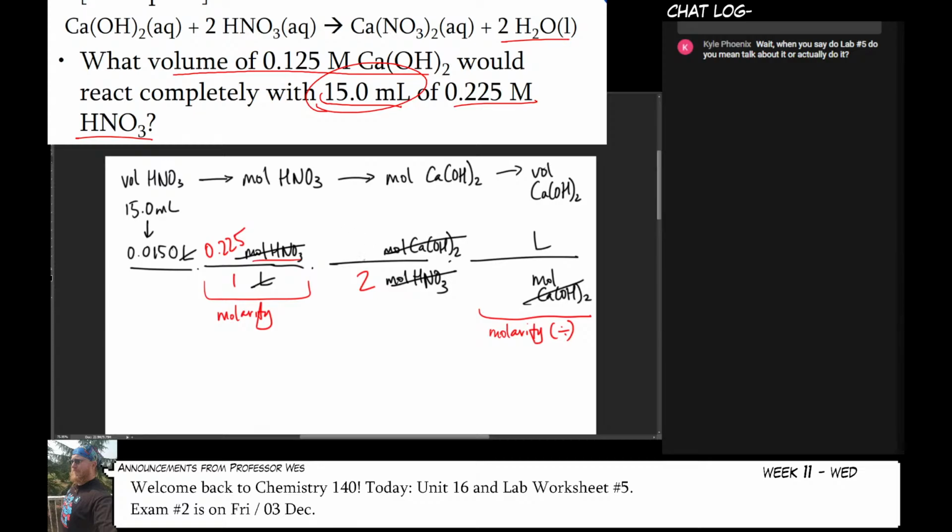And then calcium hydroxide had a 1 in front of it. And then finally, I need the molarity of the calcium hydroxide, and that was 0.125 moles per liter. Make sure you're putting the correct number with the correct unit. When you're putting it in a molarity, the number goes next to the moles, because it's moles per liter, not 0.125 liters per mole. That would be something different.